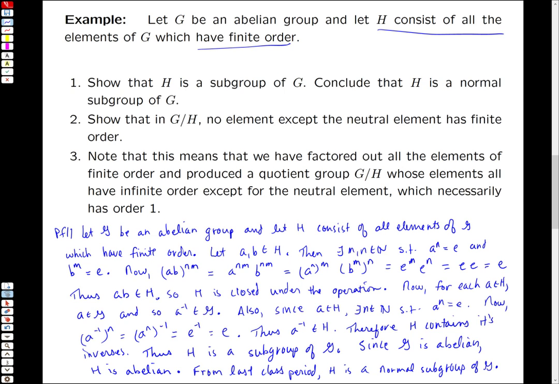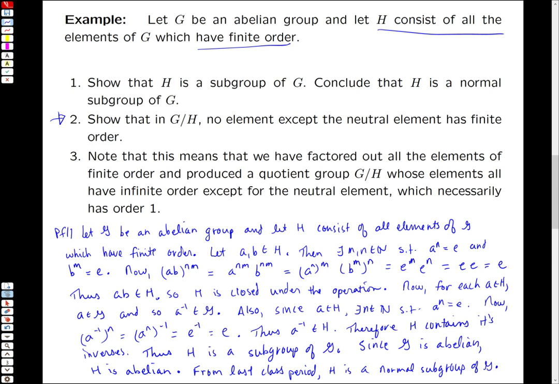Now, we have to look at number 2 right here. Show that in G mod H, no element except the neutral element has finite order. Now think about the last example we just did. Z under addition, was that an abelian group? And the elements of our subgroup H, finite order or not?